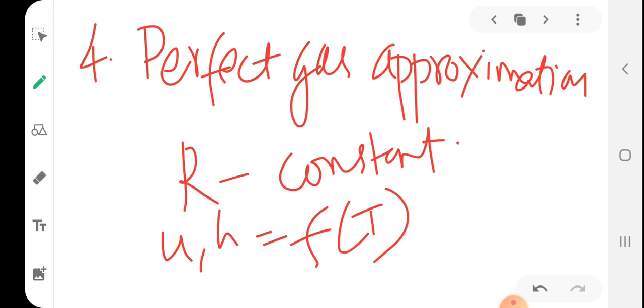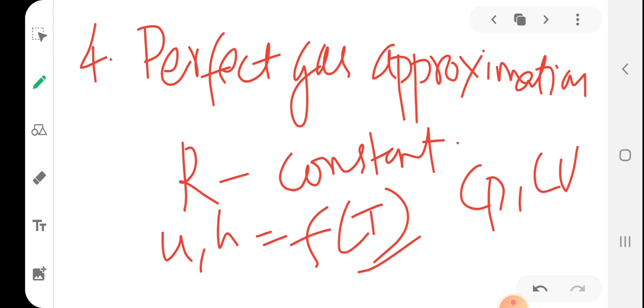If it is a real gas, it won't be a function of T only. Pressure and volume will also come into play, right? So these are the advantages of approximating the flowing gas as perfect gas. And in case of perfect gas, Cp and Cv are constants. They are independent of temperature.